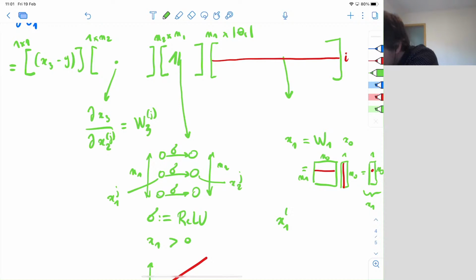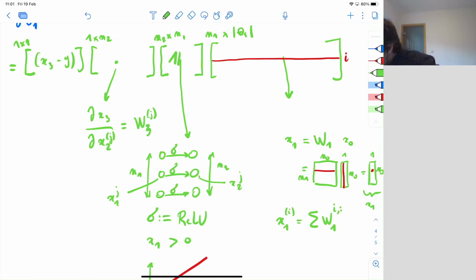For example, x1 I is equal to the sum of W1, that's the matrix, where we select the row I and we take all the columns. This is what this colon means.